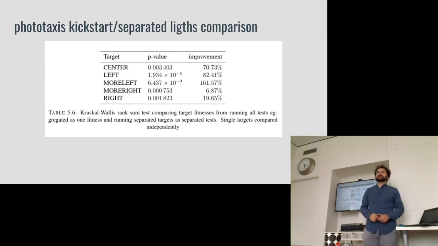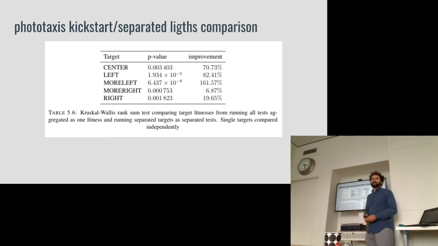But this is the table of the results of the separated. No, these are not the results. This is the comparison. What it really tells is that if I try to learn everything and I go left, or if I try to learn going only left, then I learn much better.